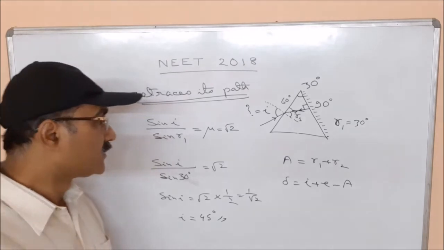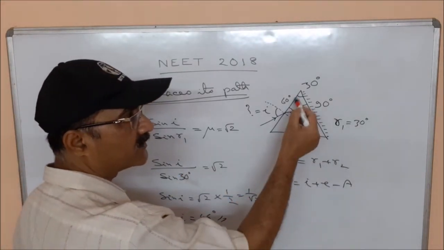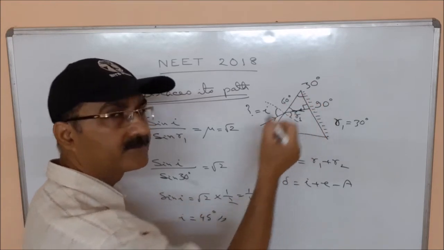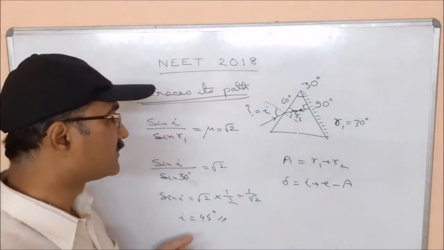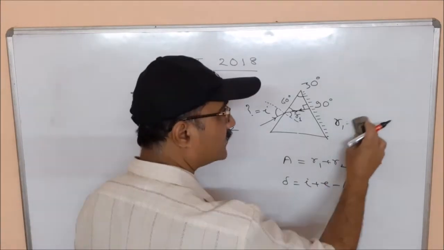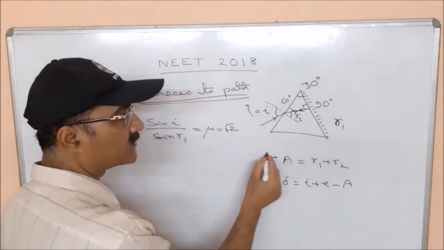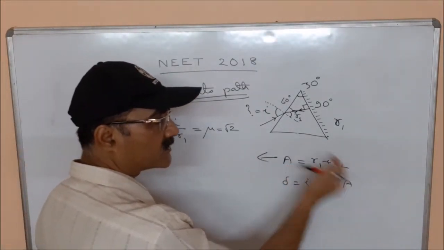So here we have found out R1 by using geometry in this triangle. As I said before, there is another method of finding R1, which is from this equation. See, A equal to R1 plus R2.